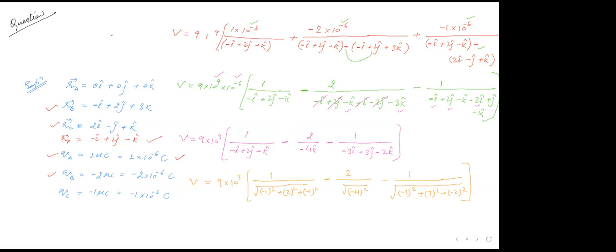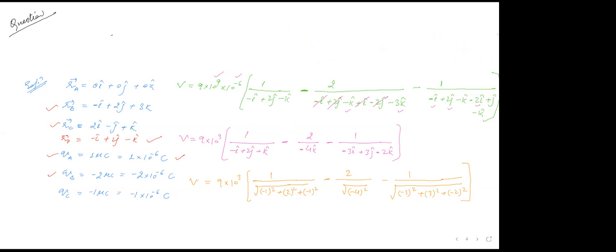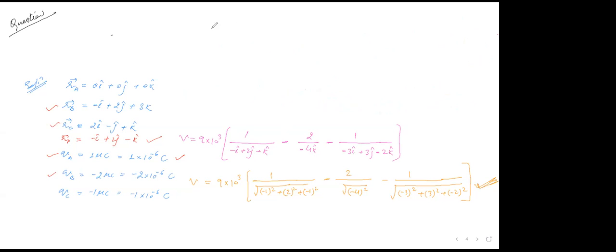Again, I am erasing this equation. And now, after this equation, you can write V is equal to 9 into 10 raised to the power 3. In bracket, it is 1 over.